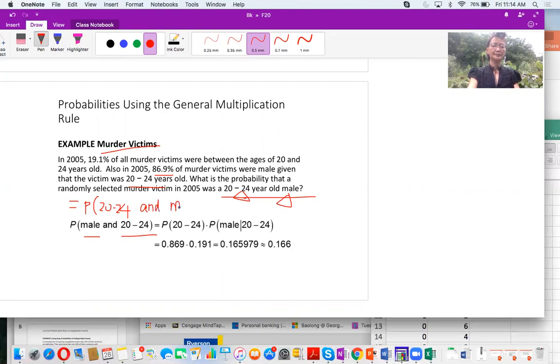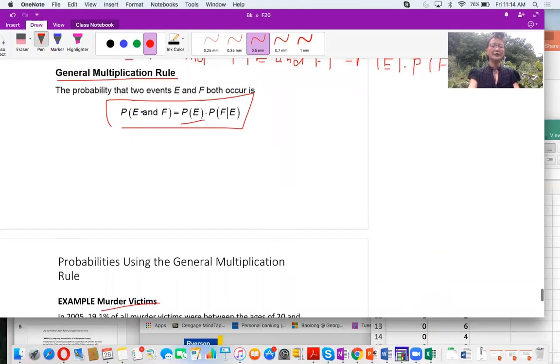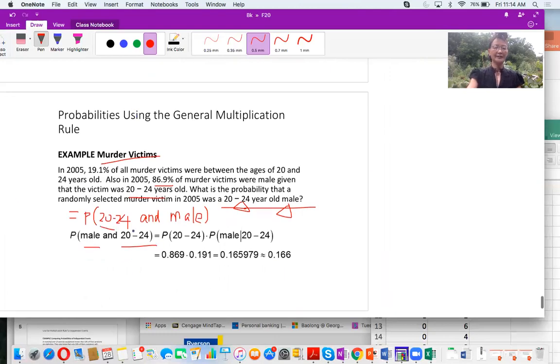And then you apply this formula: the probability of E and F equals the probability of E times the probability of F under the condition of E. So this is E, this is F. Just to make the notation clear, the probability of E and F equals the probability of E times the probability of F given E.